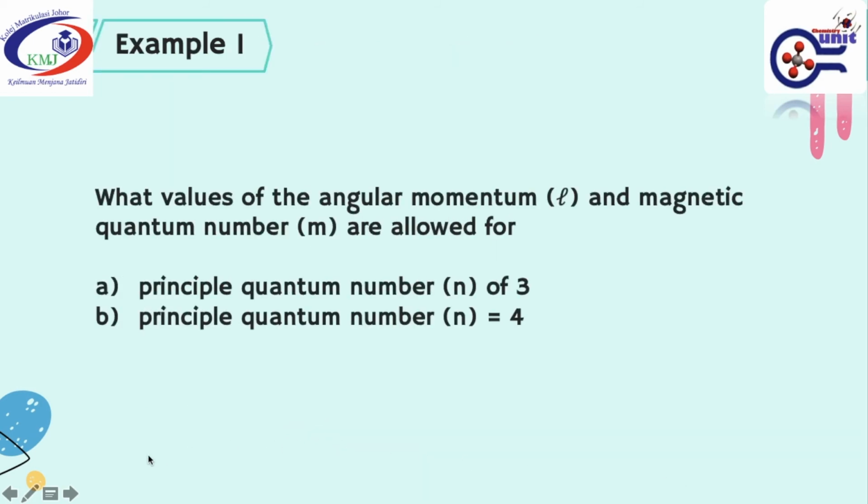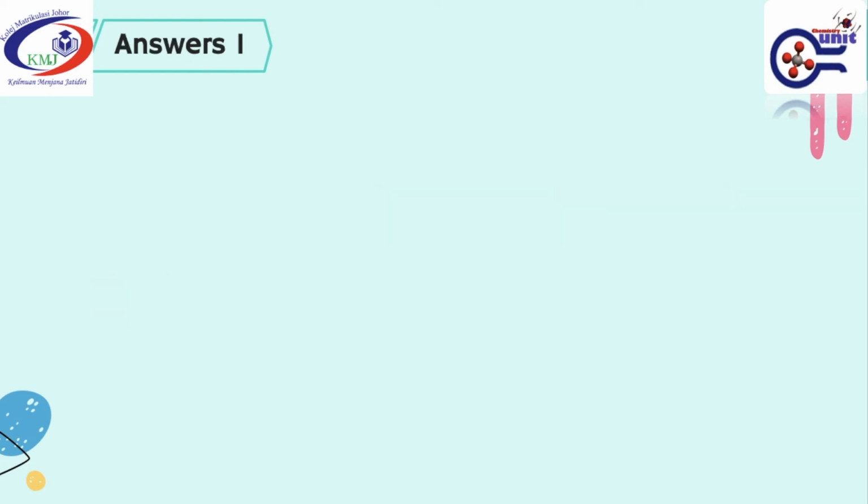Example 1. What values of the angular momentum and magnetic quantum number, what values of L and M are allowed for principal quantum number n of 3, principal quantum number n equal to 4. So we are going to state the values of L and M for when n is equal to 3 and n is equal to 4.